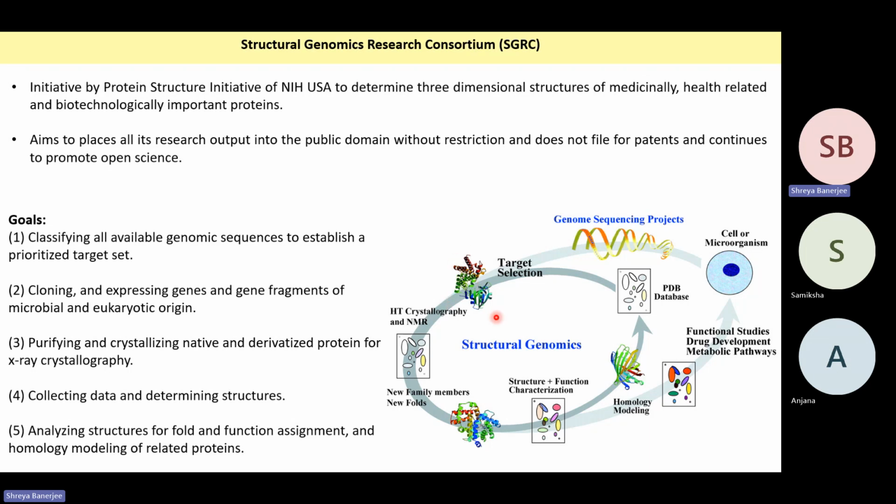So there are branches of biology which focus on determining the function of specific folds of proteins based on homology modeling. Homology modeling is finding out the common region of protein in several organisms and so on. So these are different goals of that project. And that is why it's very important to find out the 3D structure of the protein.